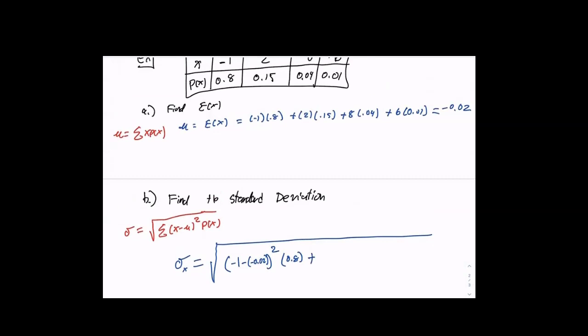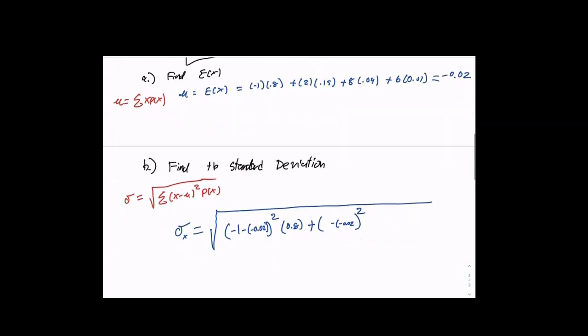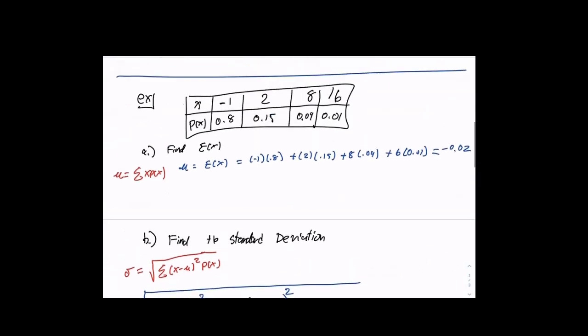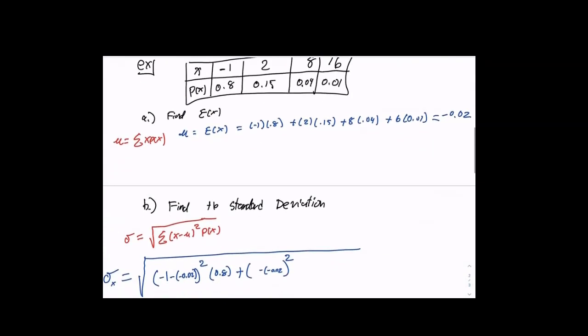Plus, and we repeat the process. Now, every single one of them is going to be minus -0.02 squared. They're all going to be like that. So the next output is 2. So it's 2 minus that, and I'm going to multiply that by its probability, 0.15. Plus the next output, 8.